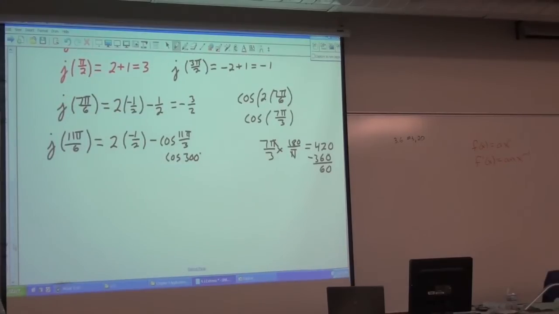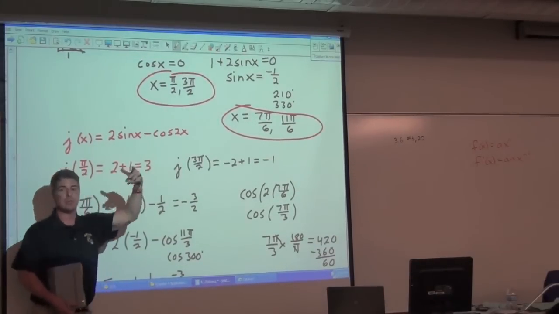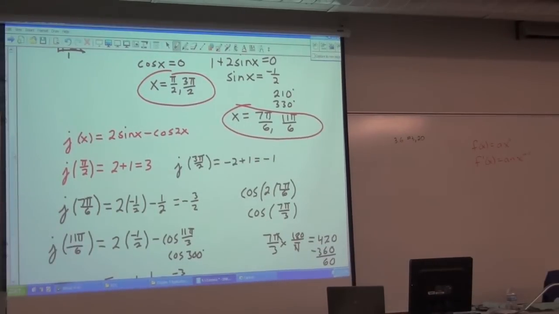And that makes it -1/2, so we get -1 minus a half. We get -3/2 again. Isn't this positive in that column? Yeah, but the function was minus cosine, so since it was positive, that made it negative.